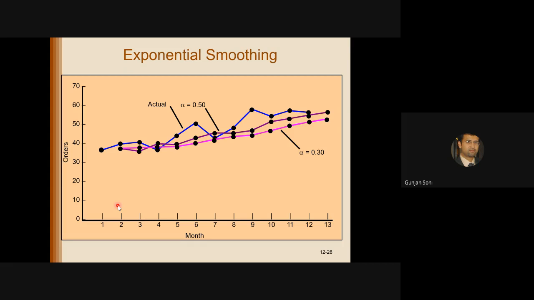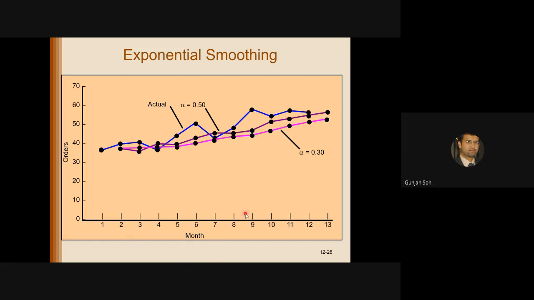The pink one is much smoother. Getting it? So we wouldn't say that alpha equal to 0.5 is good and alpha equal to 0.3 is bad, because it depends on the decision maker, how he would like his forecast to be, and which suits his production system. Okay, so that's how it is.